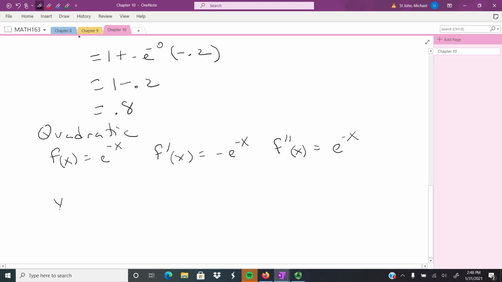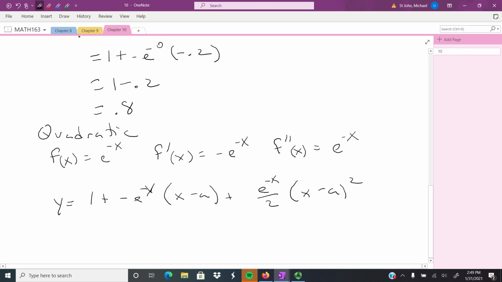And so now y is going to equal 1 plus minus e to the minus x times x minus a, plus e to the minus x over 2 times x minus a squared.